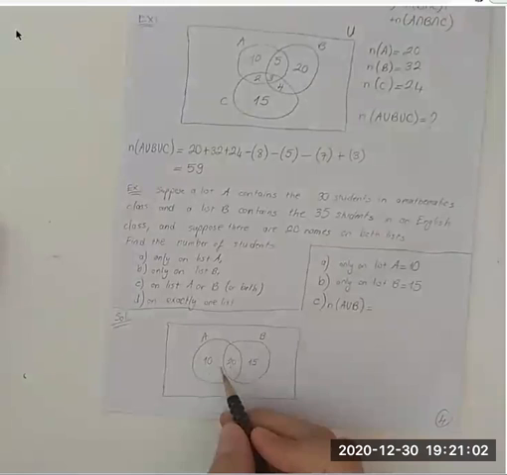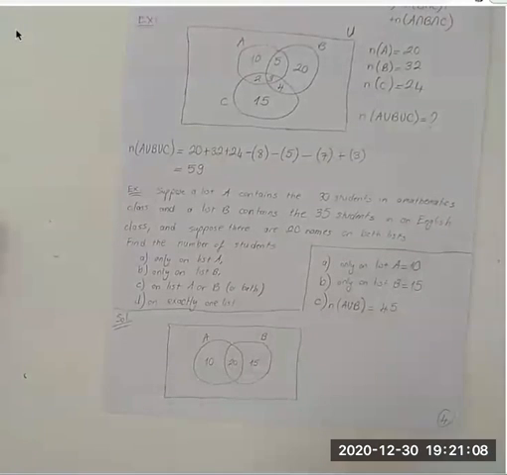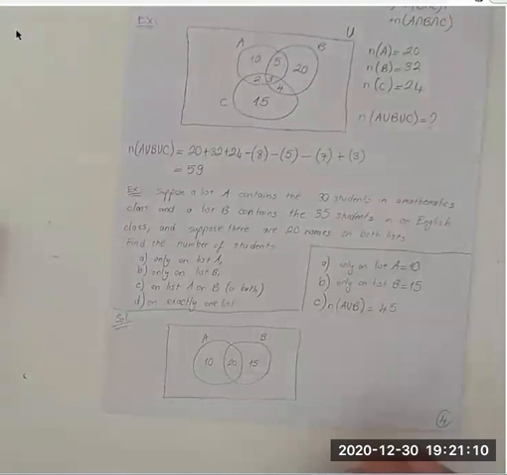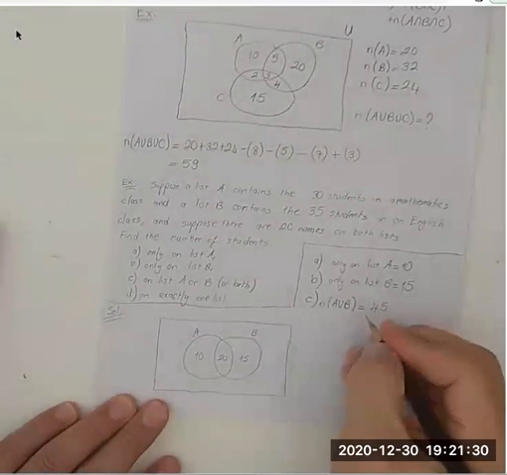Actually, this is the number of A, where or means addition, the number of B. So there is some common element, and you apply the formula like that.